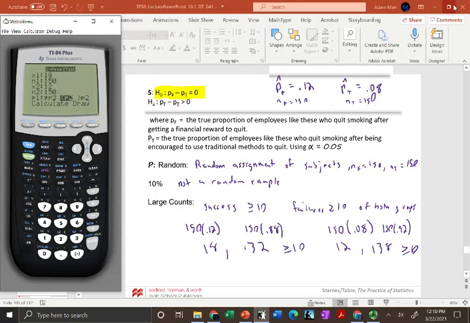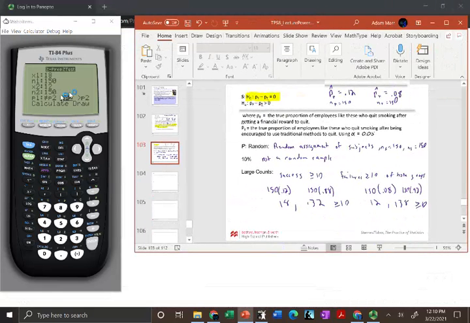To reiterate, usually we put x as a fraction, but we don't have that data, so we said 150 times 0.12, which we already did for the large counts condition. That is 18, so that's why I put 18. 150 times 0.08 is 12, so that's why I put 12 for the second one. Both n values are 150.